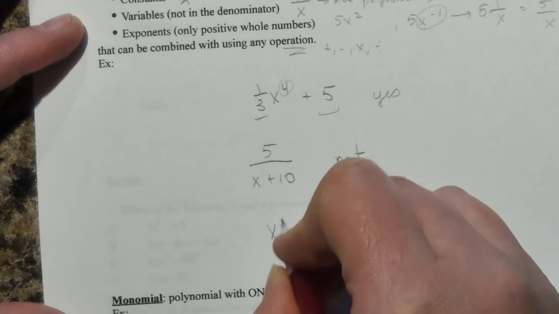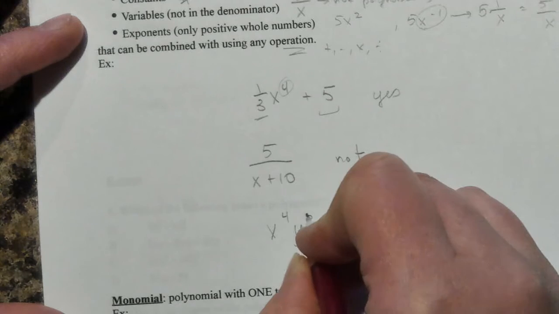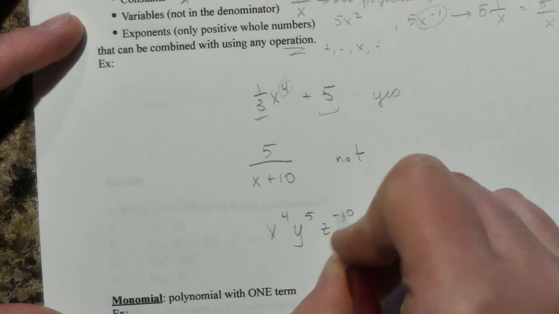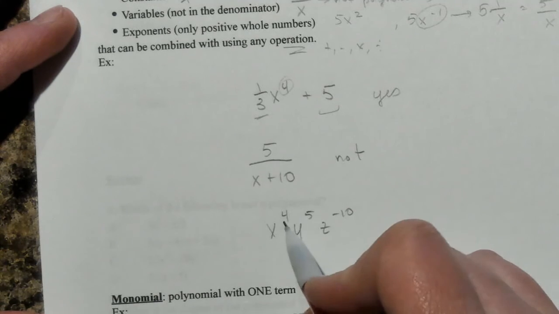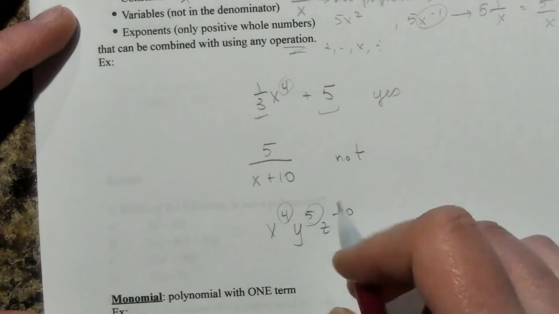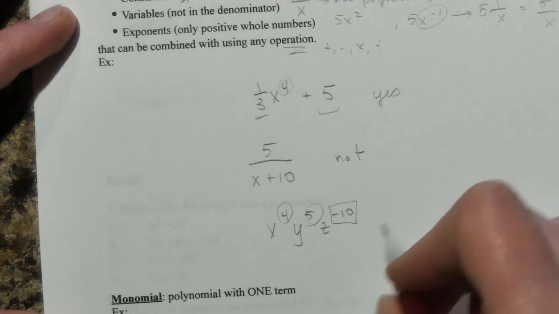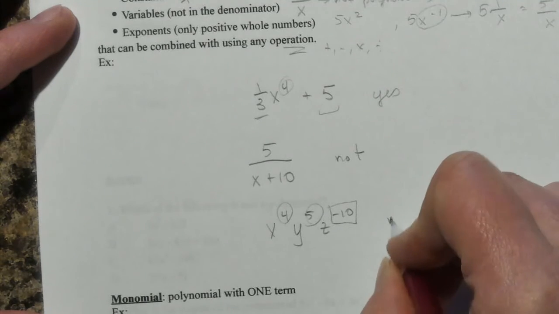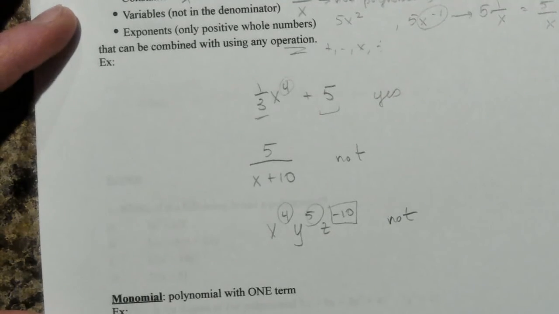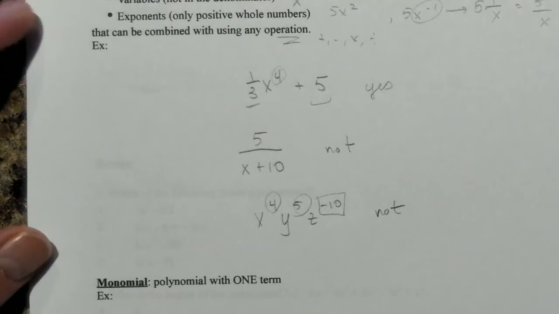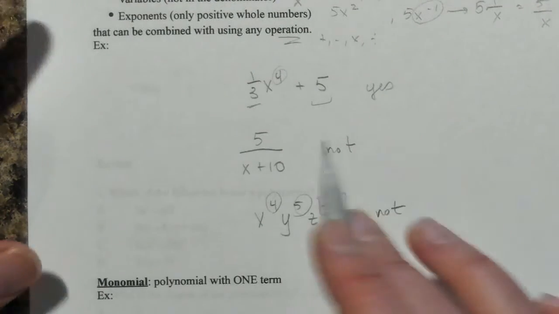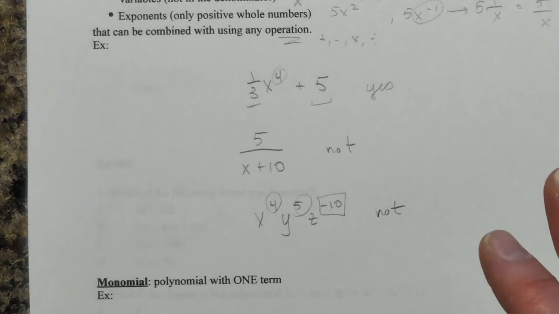If I have x to the 4th, y to the 5th, z to the -10, say. So this is legit, positive whole number, positive whole number. This is a negative exponent, so this is not a polynomial. Okay? We're going to get into more of what normal polynomials look like here in a minute, but this is just the big idea of what polynomials are.